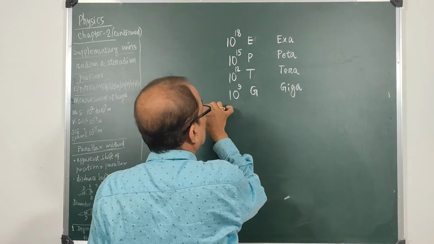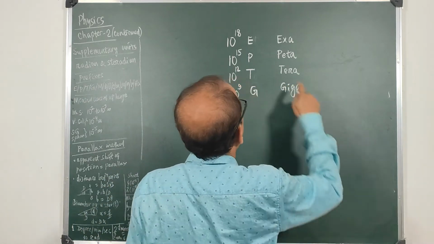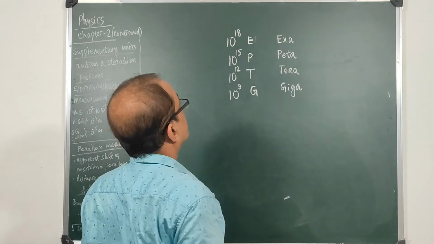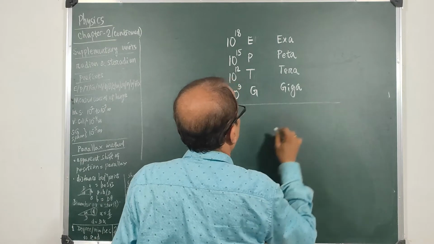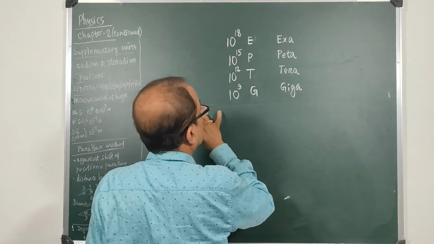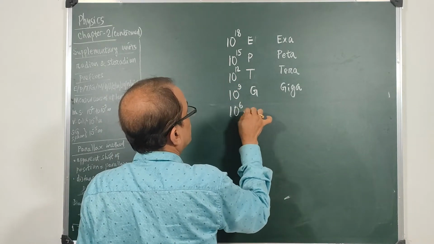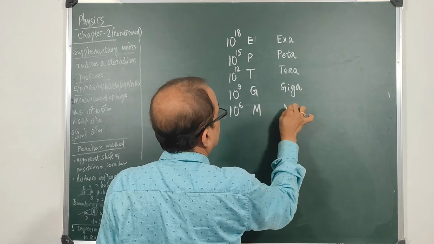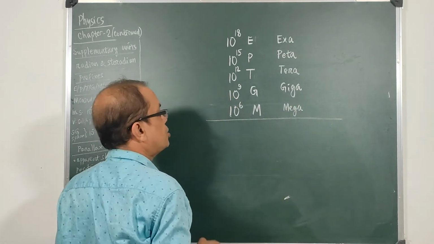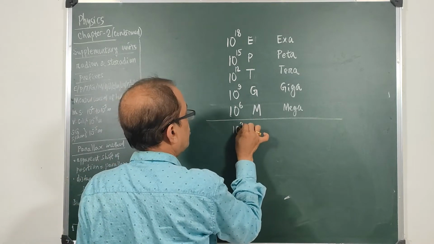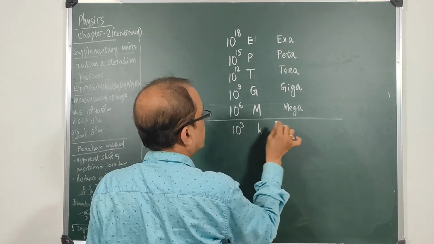So these are the larger values for which we take the symbols in capital letters. But when smaller values are taken, another thing, 10 to the power 6 is also written as mega, and the other values will be taken in smaller letters. 10 cube is kilo, small k.